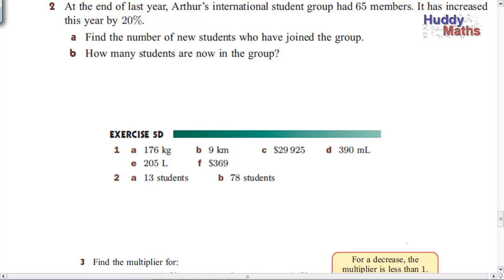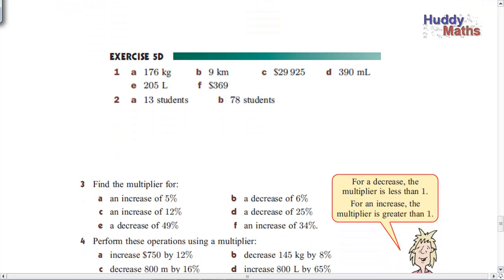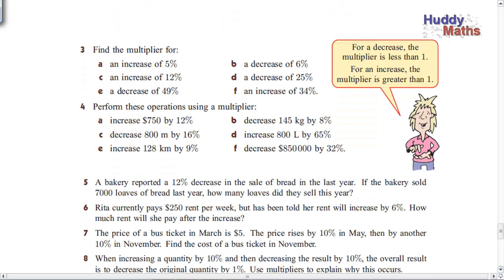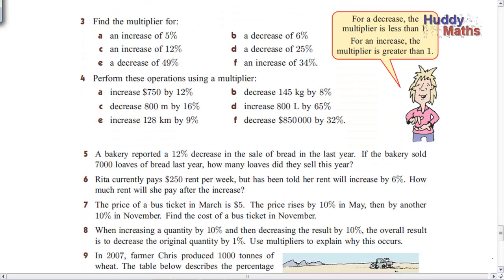All right, come down now, and these particularly need to be done with the one-step method. Find the multiplier. That's getting the idea of the multiplier. For a decrease, the multiplier is less than 1. You're going to have less than the original, you're taking it away.